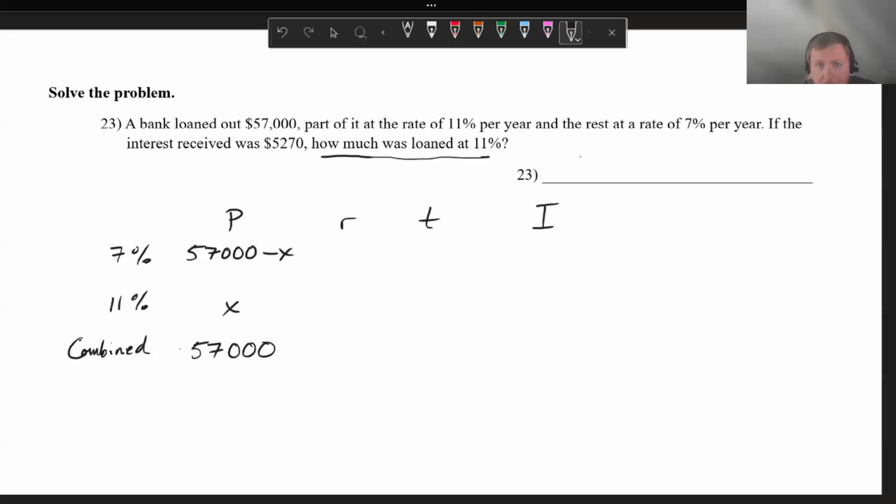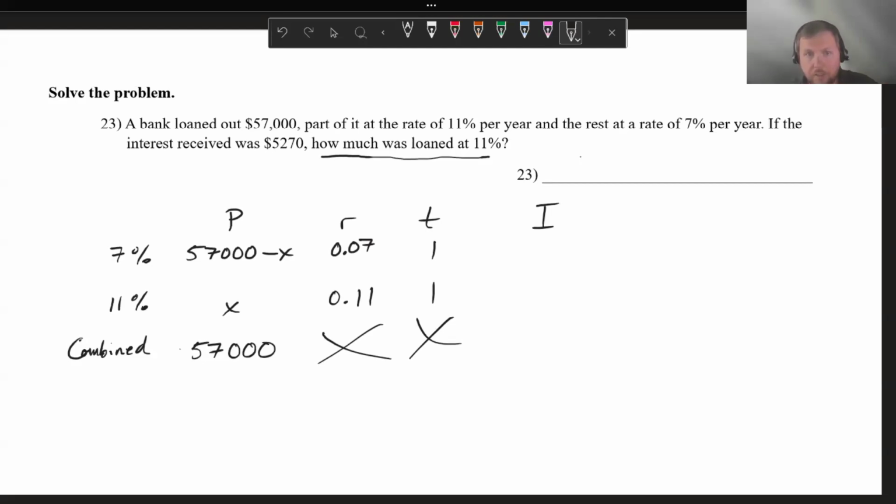The interest rate is 7%. I'll go ahead and just convert that to a decimal. The interest rate for the next one is 0.11, just converted from 11% to a decimal. And then this is unnecessary. We'll assume the time for each one of these is 1 year. And then we don't need to think about the time on the combined.